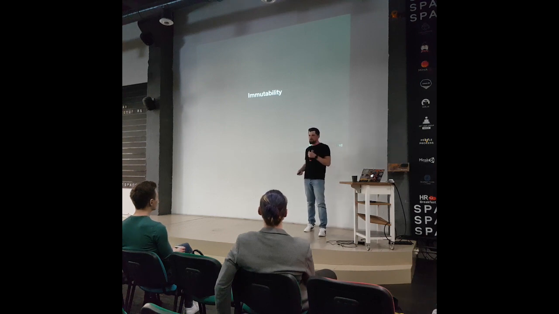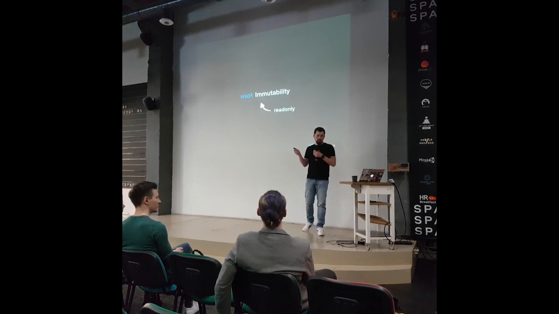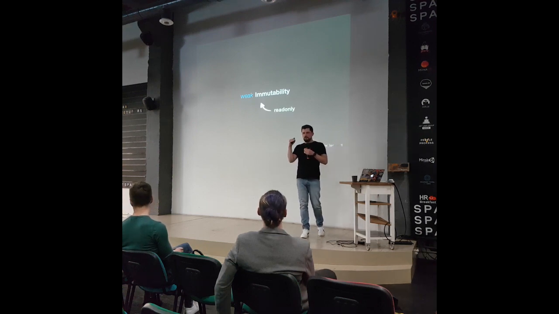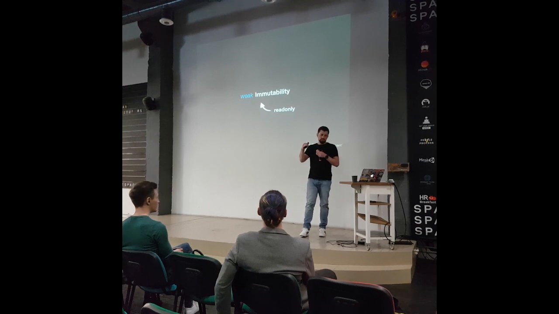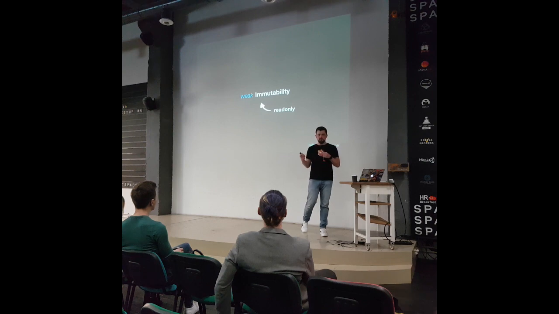You will now probably think that, yeah, we have that, we can use a const or we can use TypeScript to make it read-only, but that is only weak immutability. Read-only is only for the layer you're on. So you make one attribute immutable, but maybe it's a very complex object with a lot of nesting, so that is not immutable anymore.